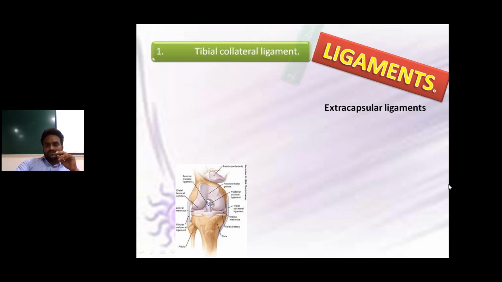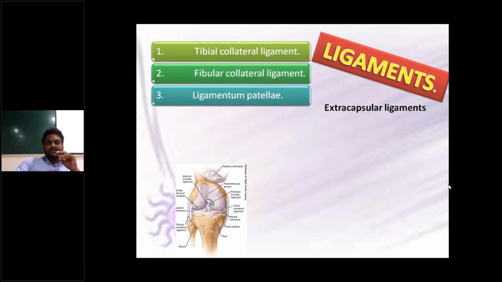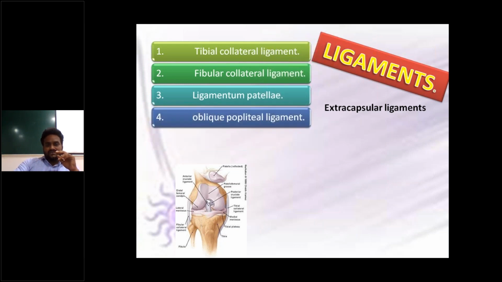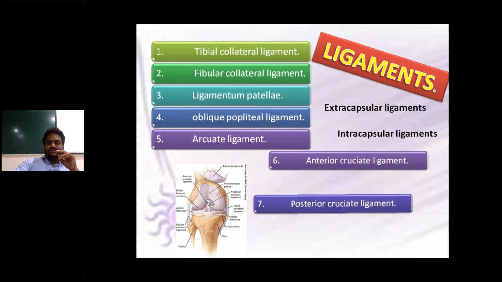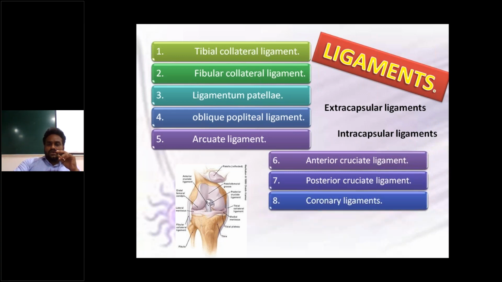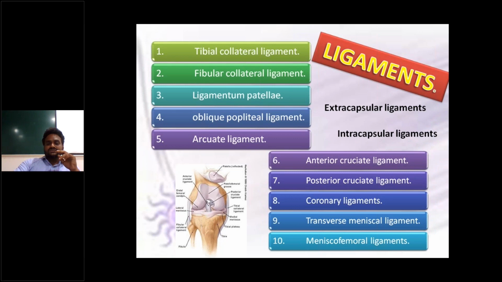Extracapsular ligaments are the tibial collateral ligament, fibular collateral ligament, ligamentum patellae, oblique popliteal ligament, and arcuate ligament. Intracapsular ligaments are the anterior cruciate ligament, posterior cruciate ligament, coronary ligament, transverse meniscal ligament, and meniscofemoral ligament. In the previous class, we studied all the ligaments in detail.